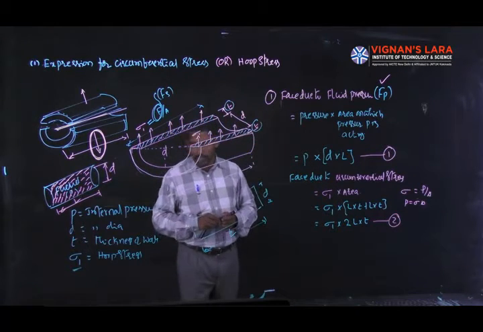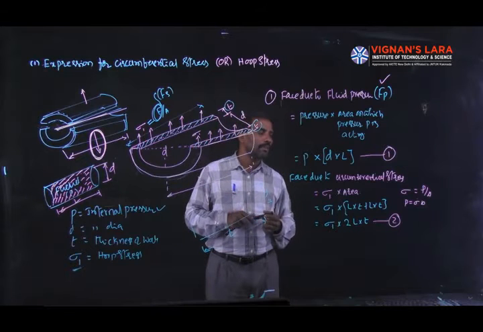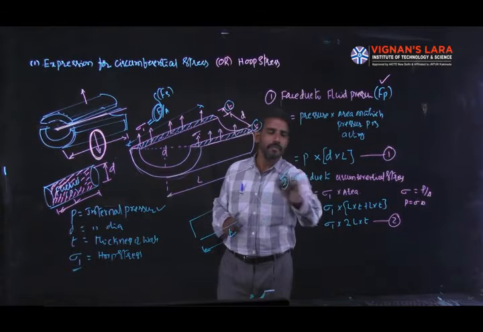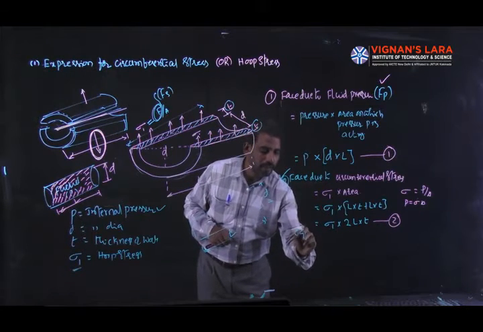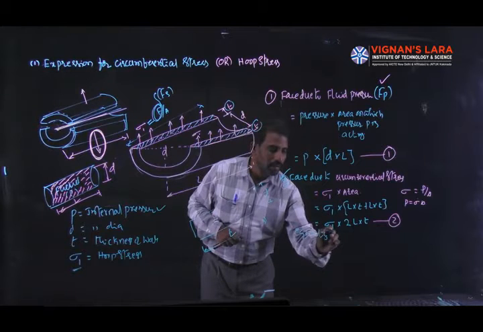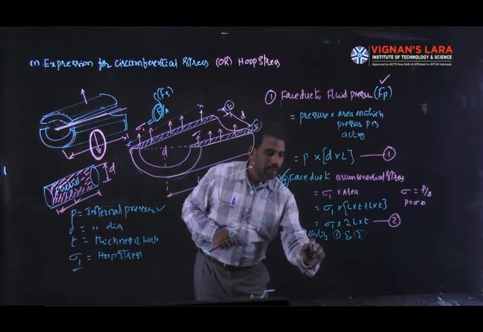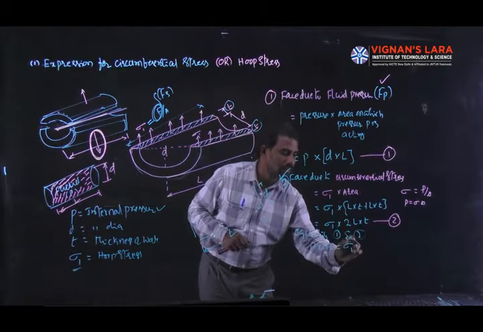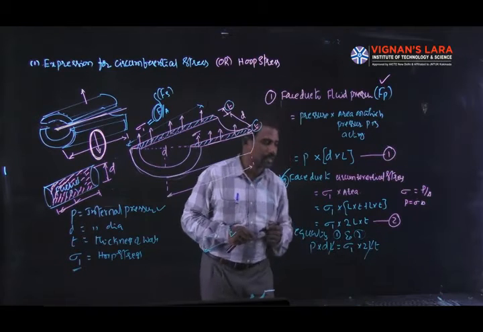For equilibrium condition, the force due to the fluid pressure must be equal to the force due to the stress. Therefore, equating 1 and 2: P into D L is equal to sigma 1 into 2 L T. The L's cancel.